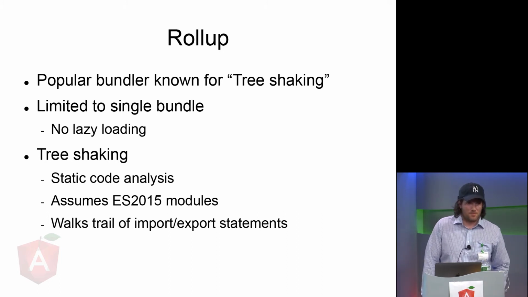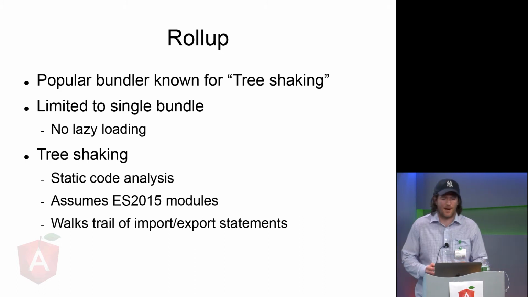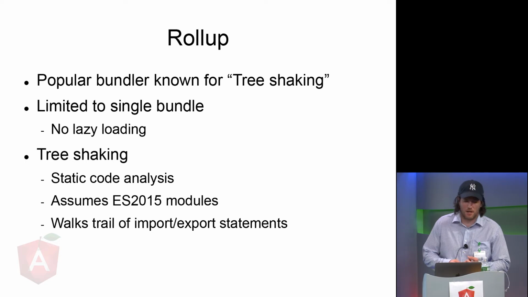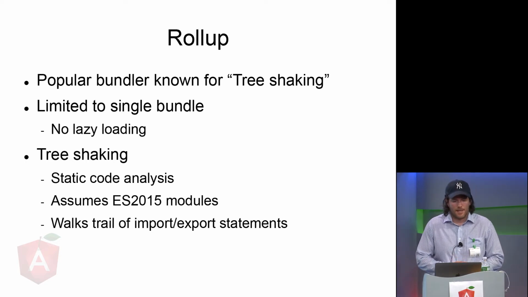The one thing about Rollup, though, is it's limited to a single bundle. If you're using Rollup, you can't spread your app across multiple bundles. You're basically stuck with one file. So if you're planning on using the router and doing lazy loading, you're probably not going to use Rollup. But it does have this nice tree shaking feature, which really is static code analysis.